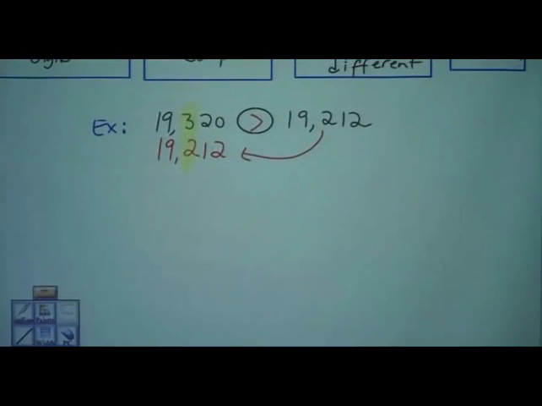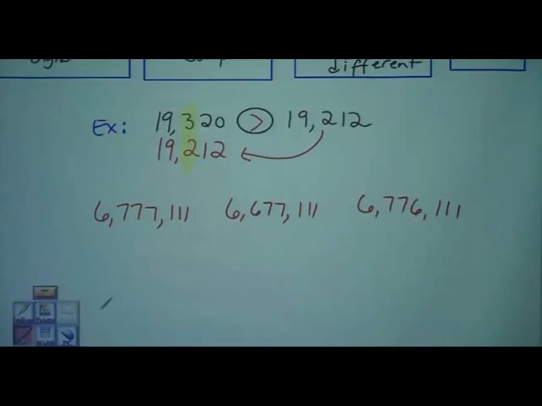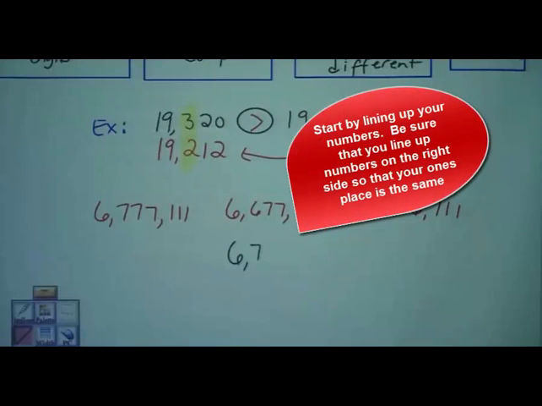Now let's try one where we're ordering numbers. We're going to put these numbers in order, least to greatest. So here are our 3 numbers. First step, we need to write the numbers lining up the digits.